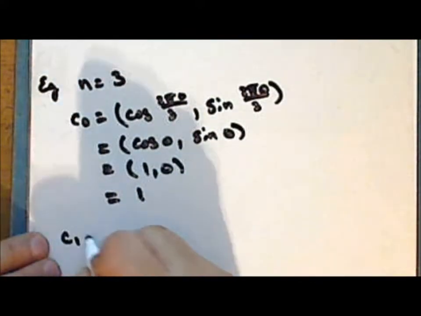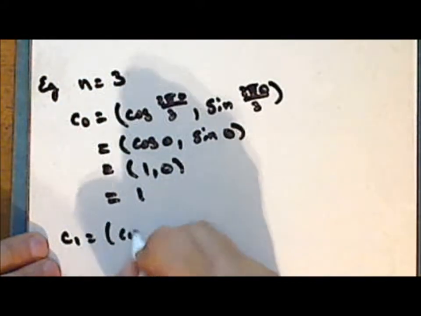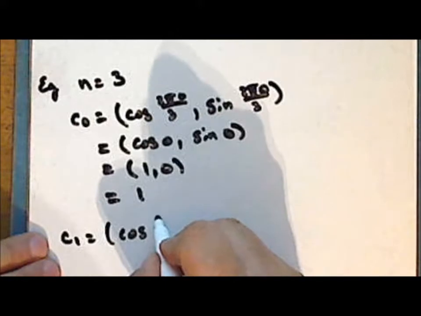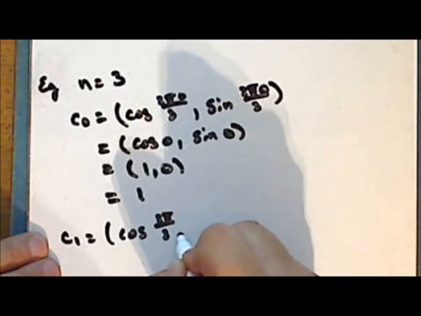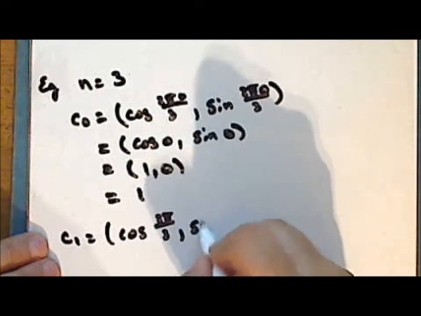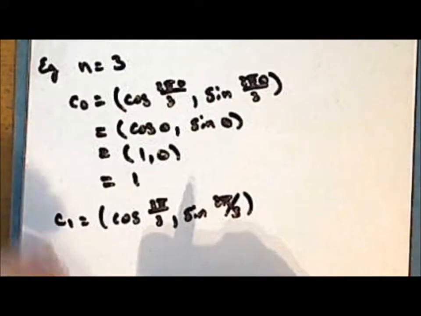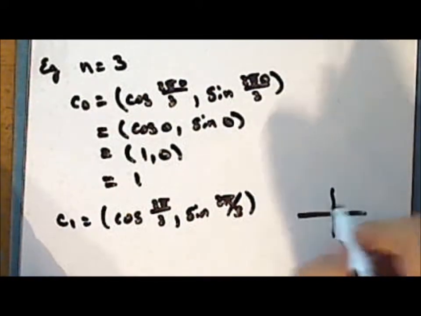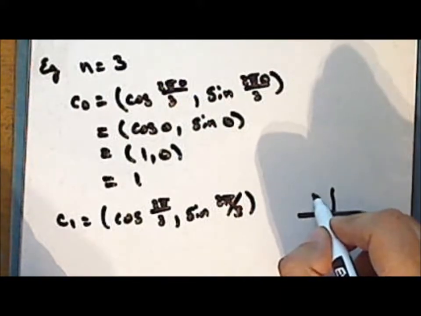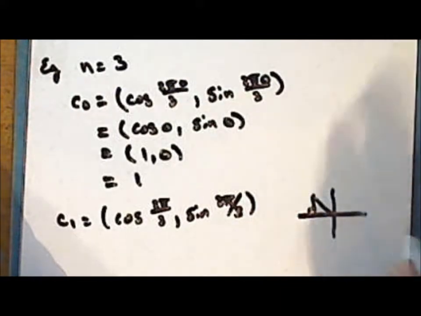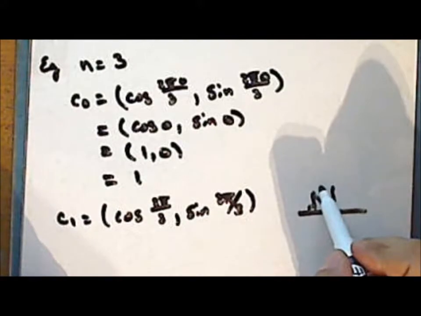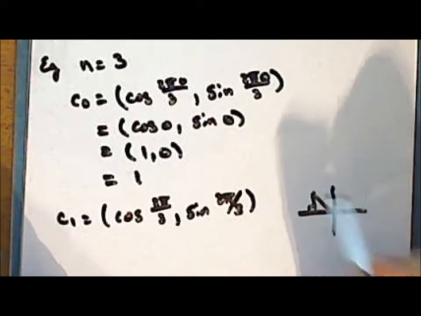C sub 1 is the ordered pair cosine of 2 pi times 1, that is 2 pi, divided by 3, sine 2 pi divided by 3. Now 2 pi divided by 3 occurs in the second quadrant, and in the second quadrant the cosine function is negative while the sine function is positive.